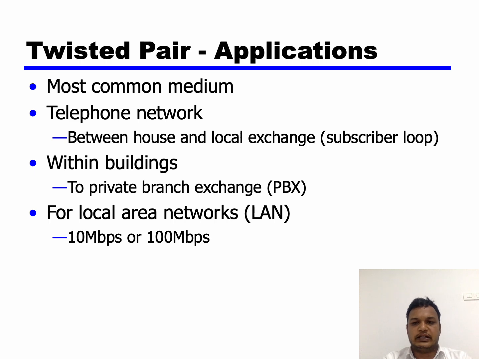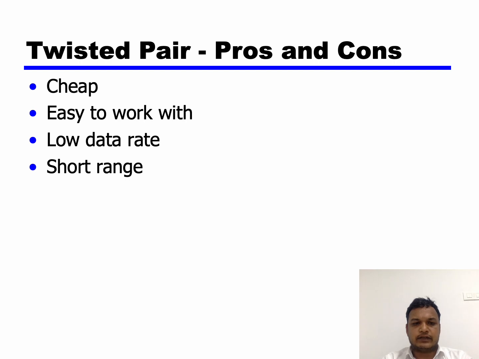In a local area network, it can transmit 10 Mbps or 100 Mbps of data, and as the distance or the bandwidth increases, the amount of data increases. The advantages and disadvantages of twisted pair cable: it is very cheap. It is not as costly compared to coaxial cable and optical fiber cable.